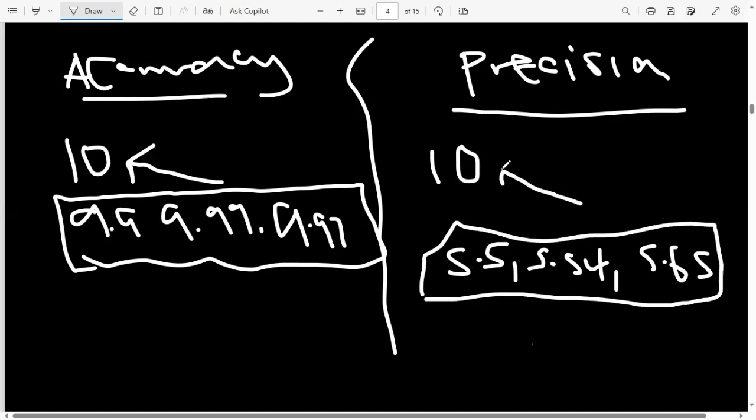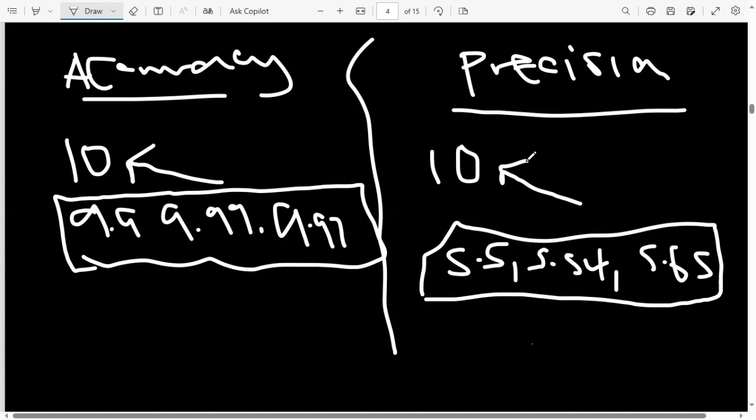But they are not anywhere near the true value. But because they're closer to each other like that, we say that those measurements are precise. So precision refers to how close multiple measurements are to each other, regardless of the fact if they are close to the true value or not.